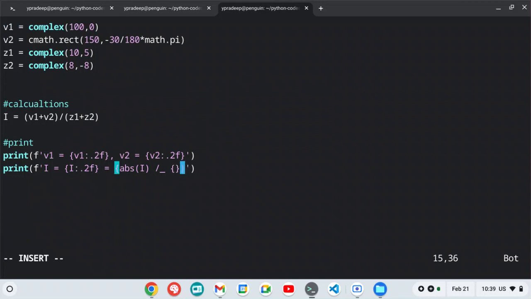I need to give round brackets, cmath dot phase of I. This will be in radians, so we need to convert to degrees. So math dot pi. Now this whole thing I want to round off to 0.2 float.